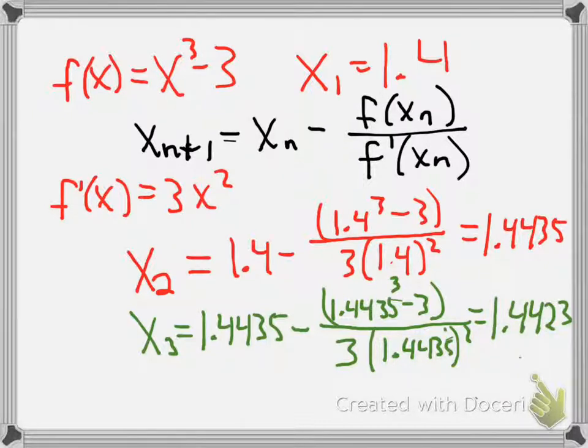Okay, let's see how close that's coming to the real answer. After 2 iterations here, what we're really doing, if we let y equal 0 in our original example, is solving 0 equals x cubed minus 3. So we're really finding the value of the cube root of 3.